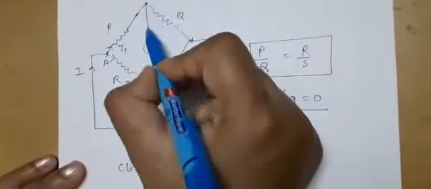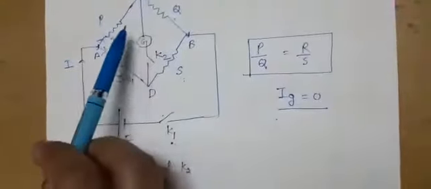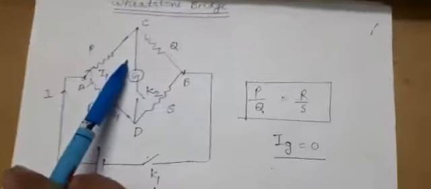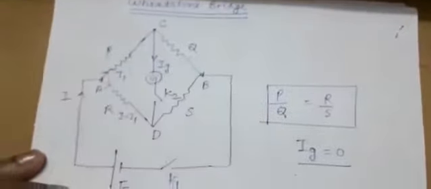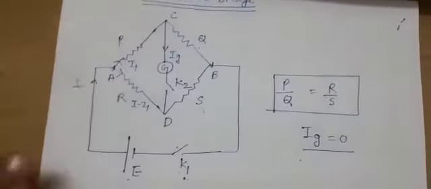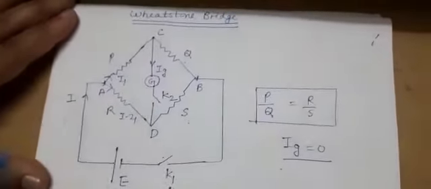So again at C there are two paths, and the same current will not flow. One part of this current will flow through the galvanometer. Here we have assumed the galvanometer will not show any deflection, but to prove it we have to show that Ig will not exist.